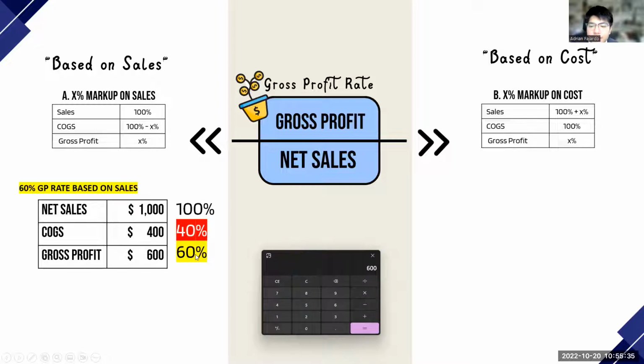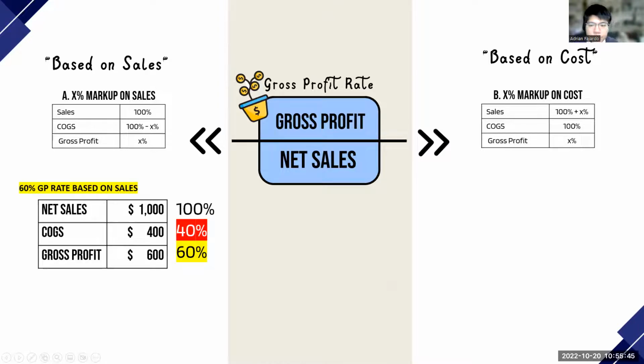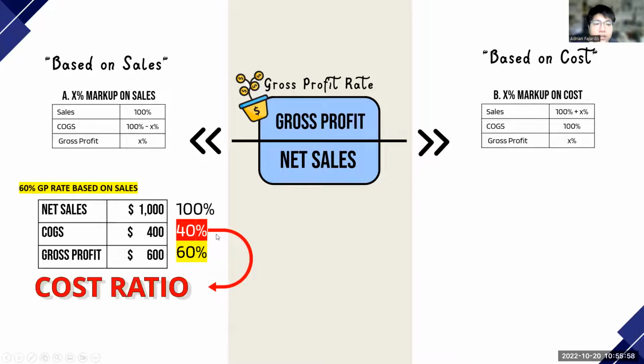Conversely, since 60% is gross profit and net sales minus gross profit is cost of goods sold, we know that 40% refers to your cost of goods, right? And pag based on sales, ang mas importanteng number is yung 40%, right? Ang tawag natin sa 40% na to is your cost ratio, right?